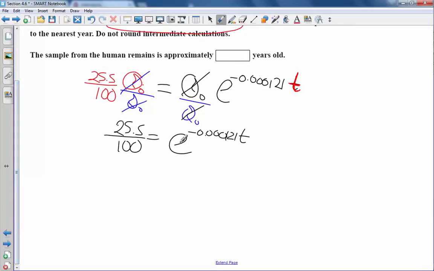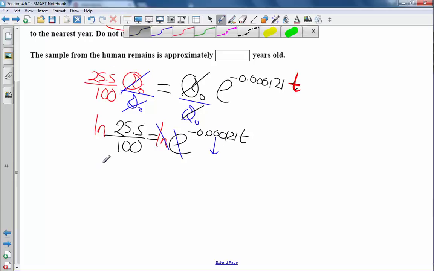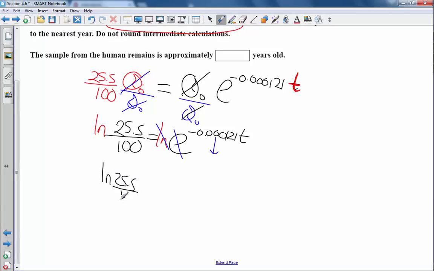We need to just get rid of this base. How? As usual. I don't know how many times we did this trick, but the natural log ln is required here. And of course these will cancel and this will fall to the ground. And I will have ln of this number. I don't compute this yet. Don't change it into a number yet, because it says do not round intermediate calculations. Don't compute this soon. Wait until the last moment.